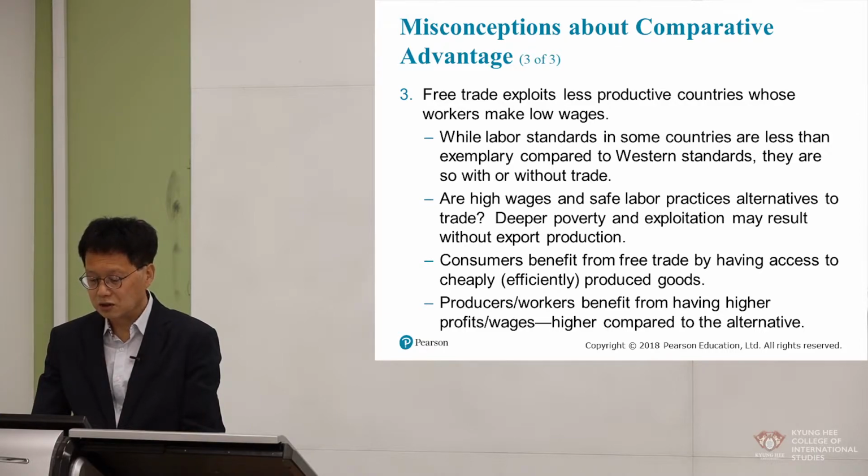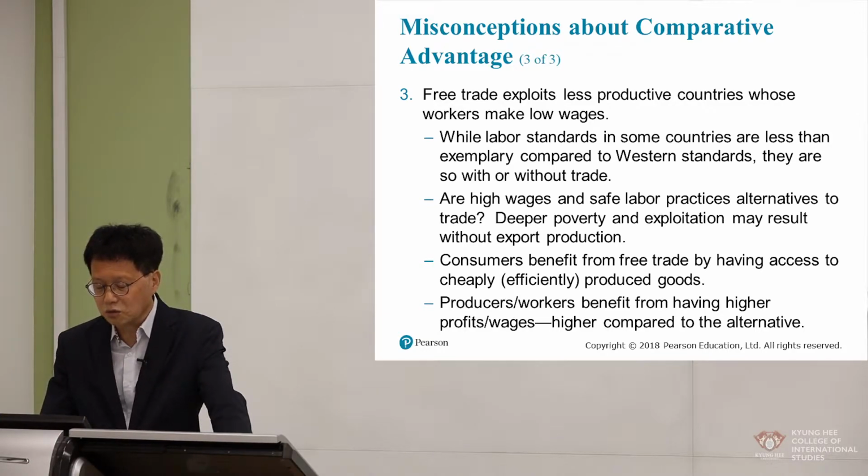We already calculated this. For example, in foreign countries, the wage rate also increases after free trade. In the earlier numerical example, the wage rate in developed countries and at the same time the wage rate in developing countries also increased after free trade, right? So this argument, the imperialist idea, is misleading.